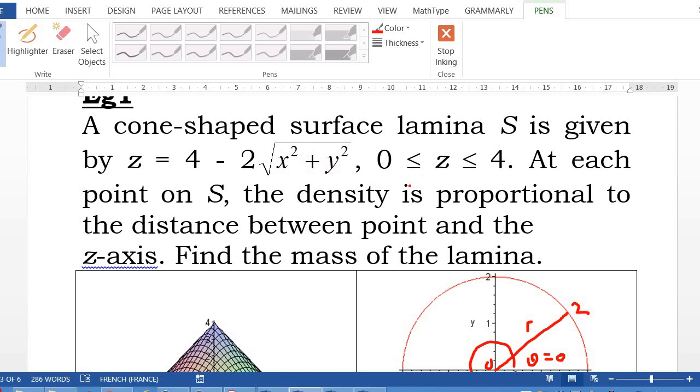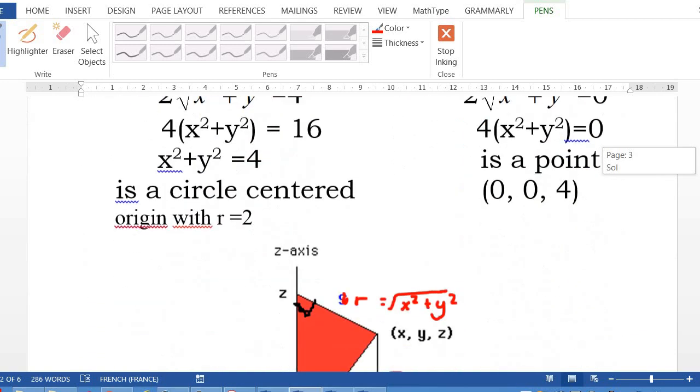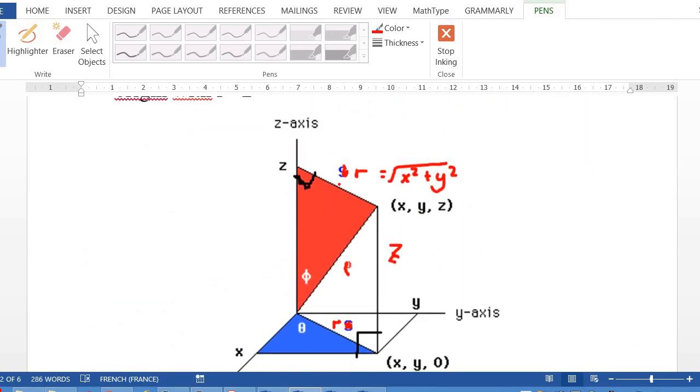That's why rho(x, y, z) is k times the distance between the point and the z-axis. The distance between any point and the z-axis is given by r, which is the radius of a circle, the square root of x squared plus y squared, obtained from polar coordinates.